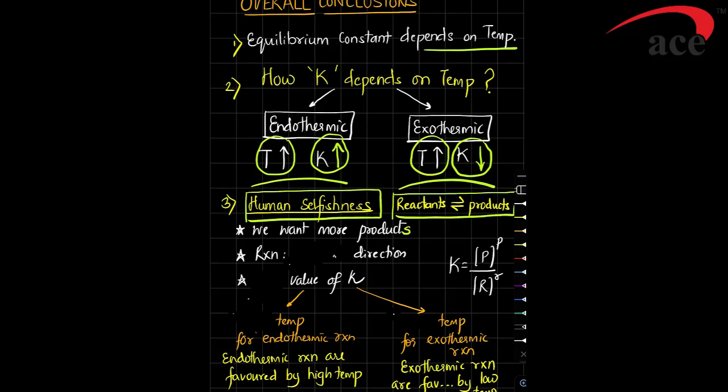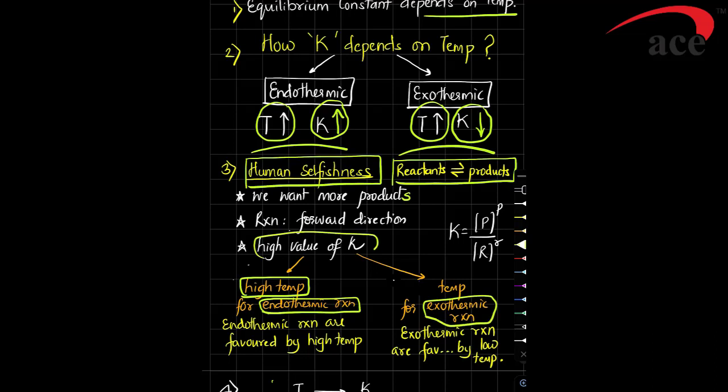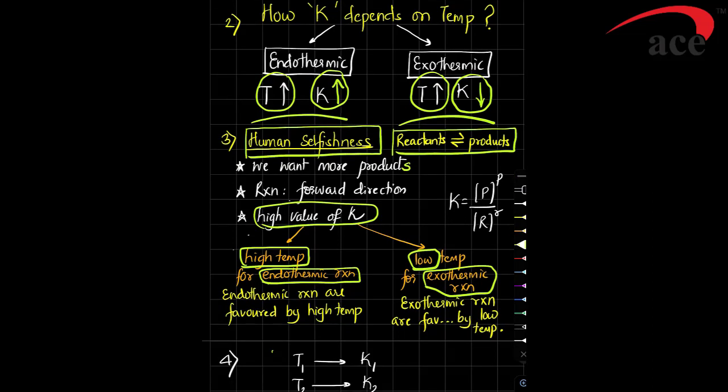That means we always wish to have forward reaction, that means a higher value of K. For higher value of K, for endothermic reaction we require high temperature, and for exothermic reaction we require low temperature, because the relation between temperature and K is different for exo and endo.